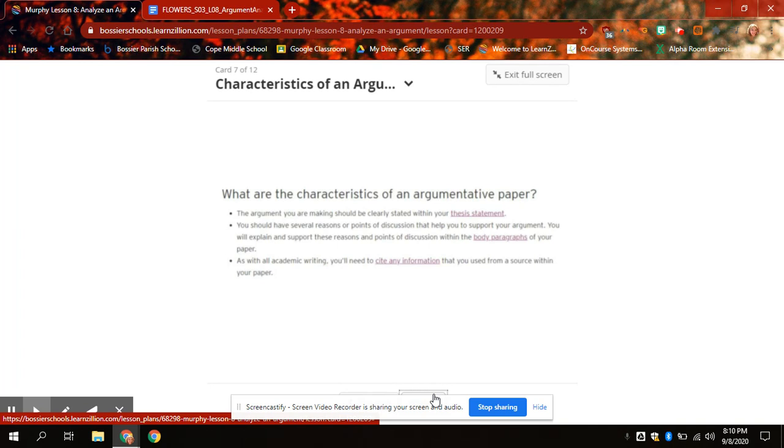Some who say that they're great tests and have very useful benefits. And then those other scientists who are also very well respected within their fields think that the Rorschach test is not very useful. You must have several reasons and points of discussion that help you to support your argument, and then you explain and support your reasons in body paragraphs in your essay. And then, as with any academic writing, you have to make sure that you give credit to your sources.